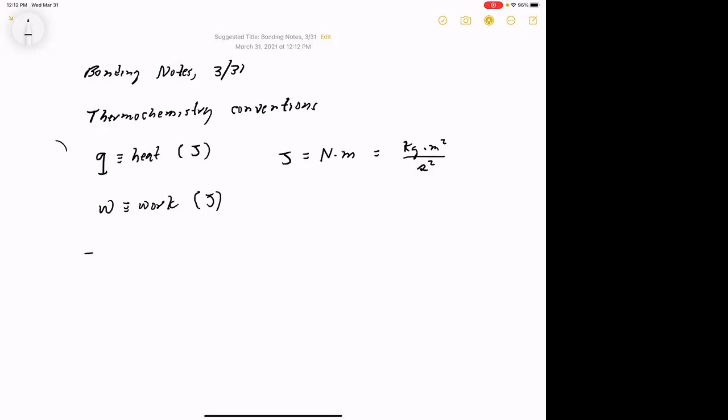So for a given system, if we want to determine the total energy of the system, we can do that in terms of what we call U, which is the internal energy of the system. The internal energy is defined as the total energy possessed by the system at any given time.